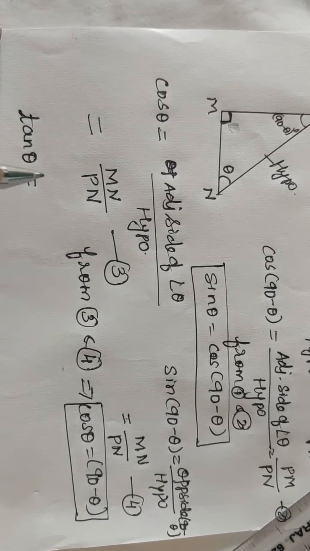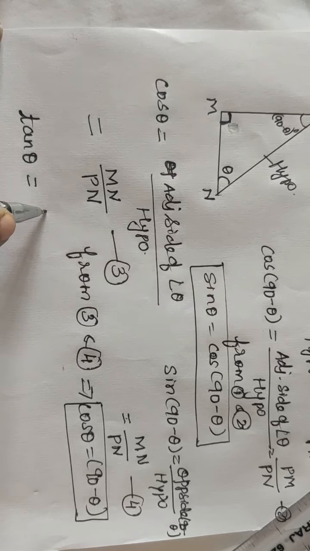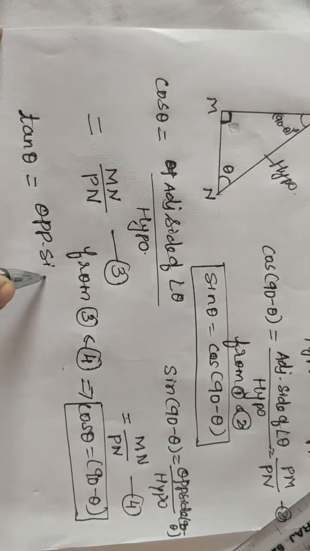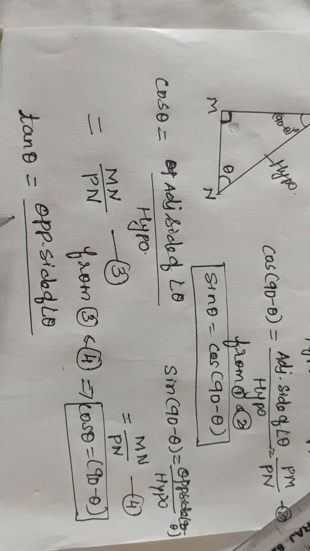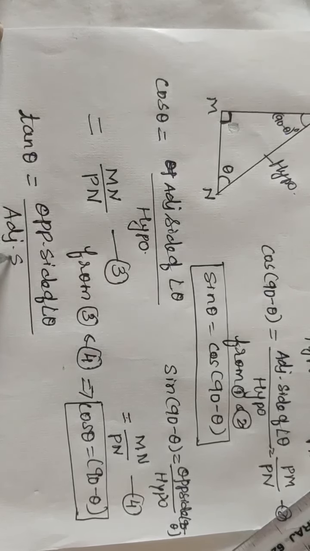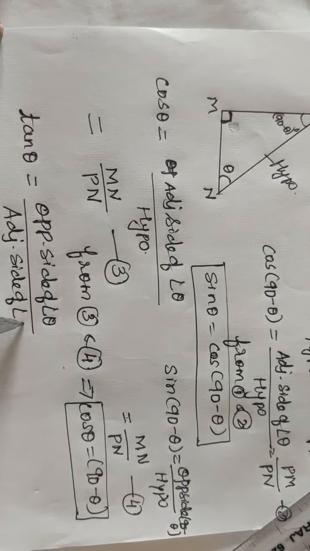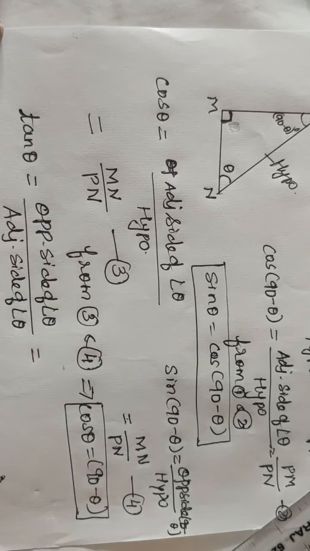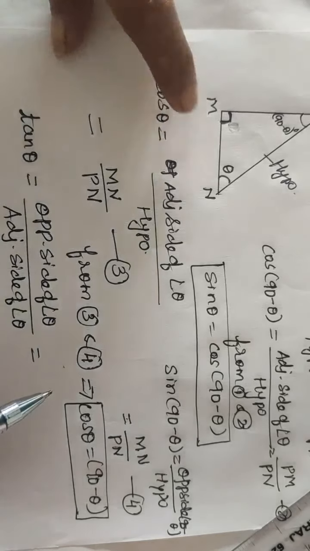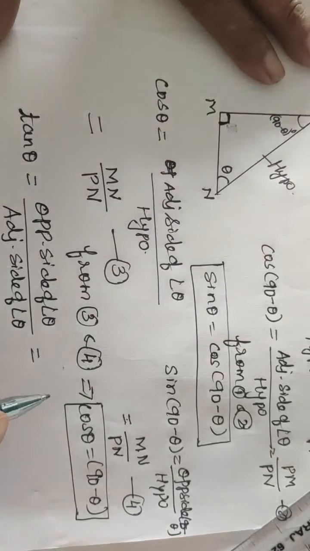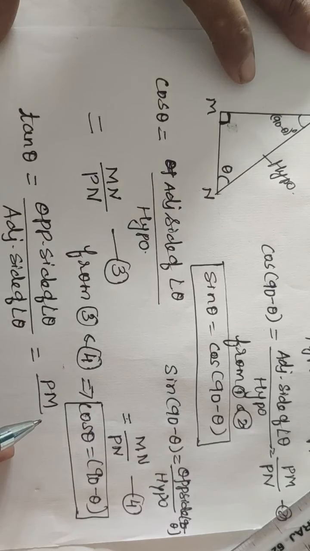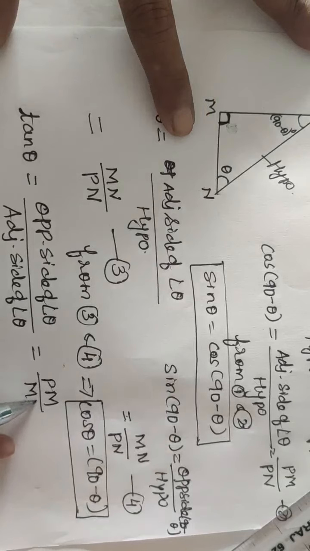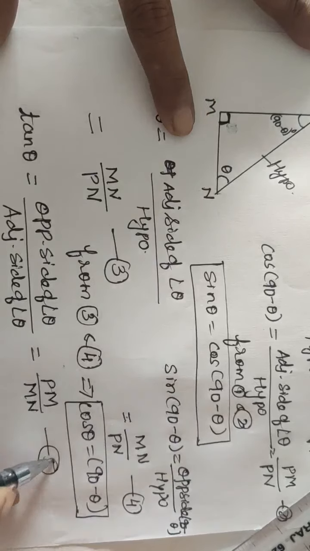You know the formula, or you can say the ratio: opposite side of angle theta by adjacent side of angle theta. Now what is the opposite side of theta? Here is theta, its opposite side is PM. And the adjacent side will be MN. Give it number 5.